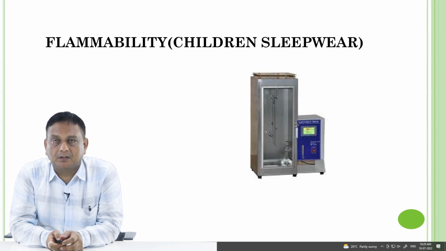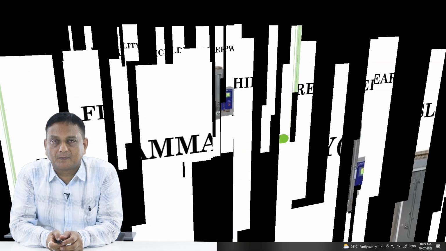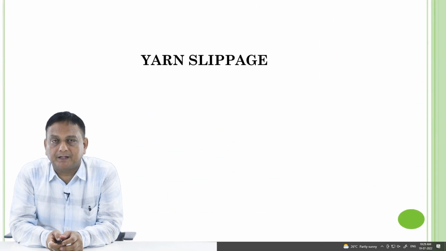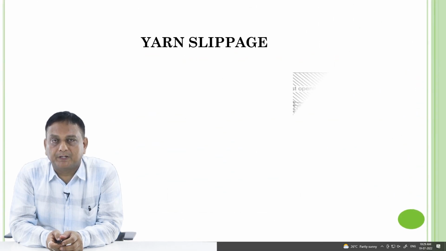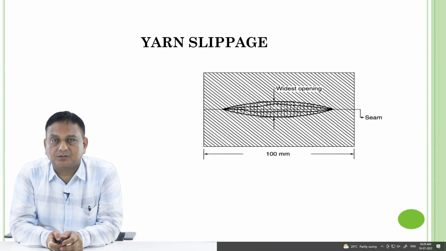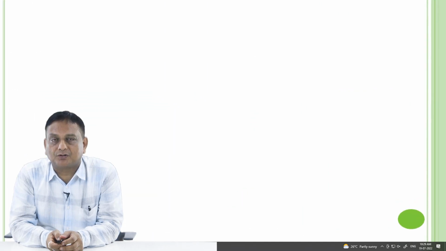So for these children's apparels, both the 45-degree and the vertical flammability tests are applicable. Now in this case yarn slippage also plays an important role. So how much distortion is there in the yarn while it is in the fabric, how much seam distortion.